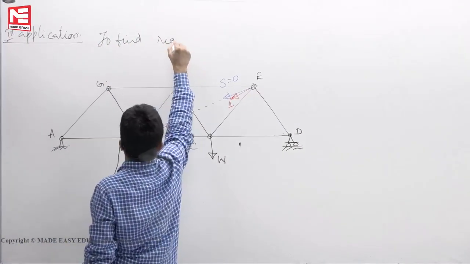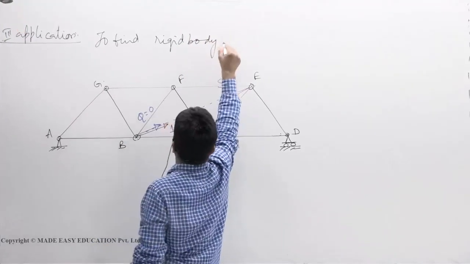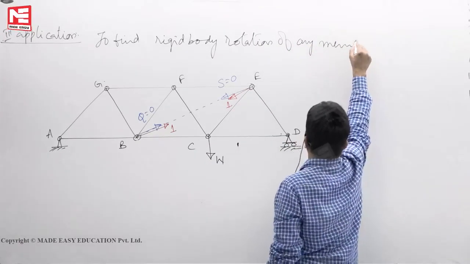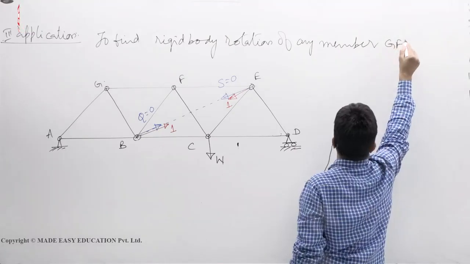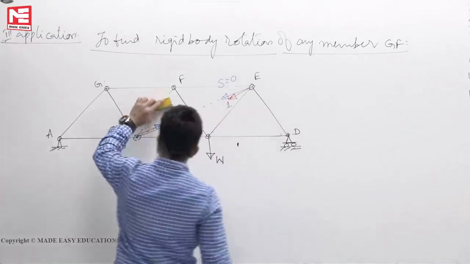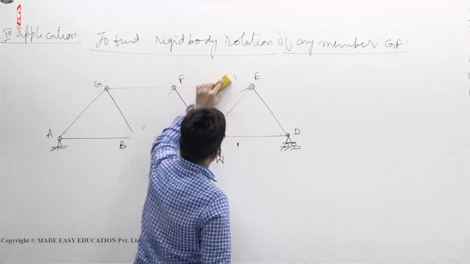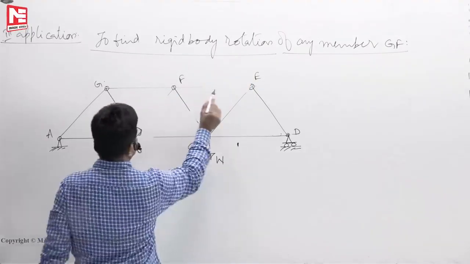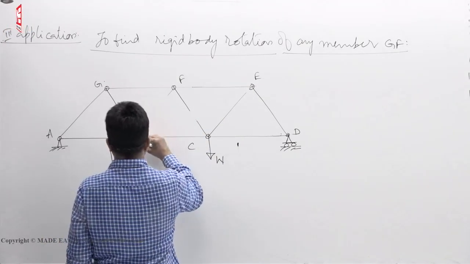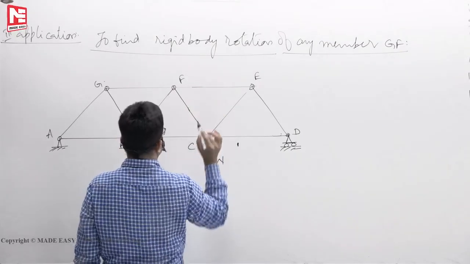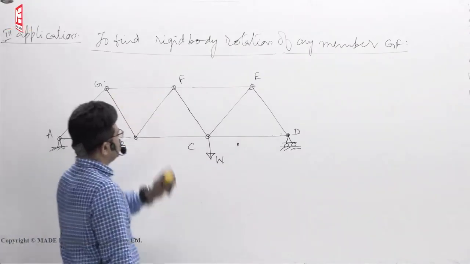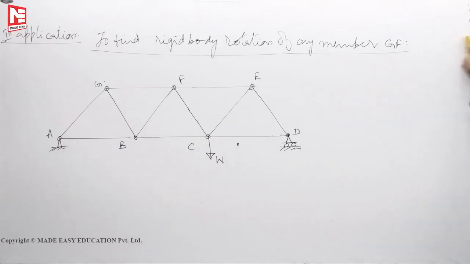To find the rigid body rotation of any member GF, this I remove.